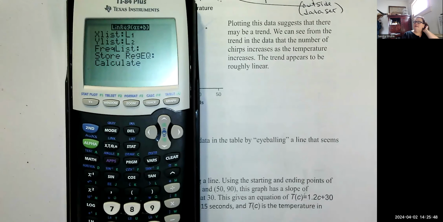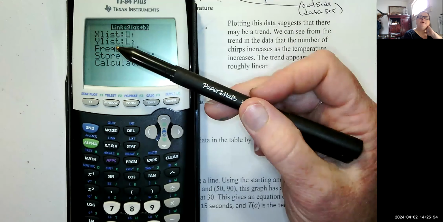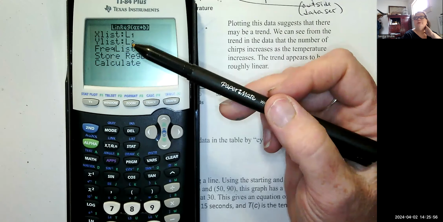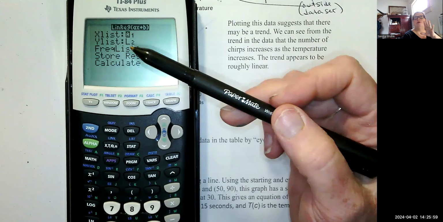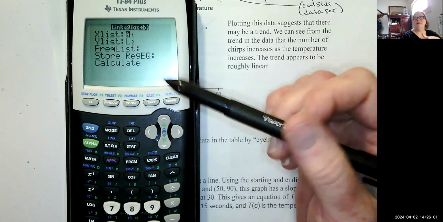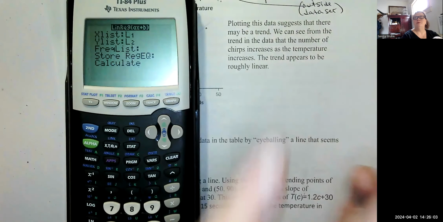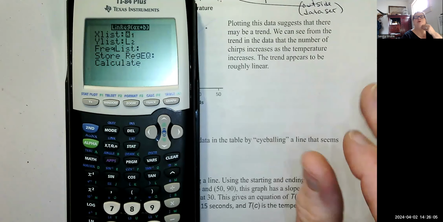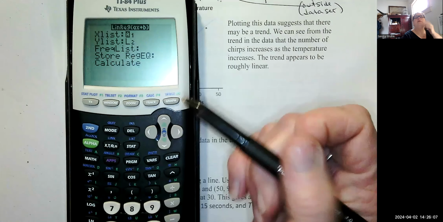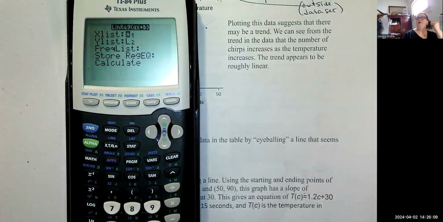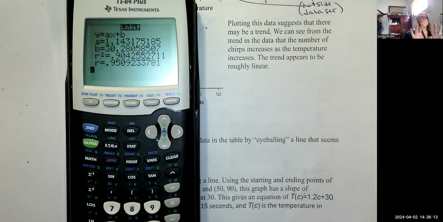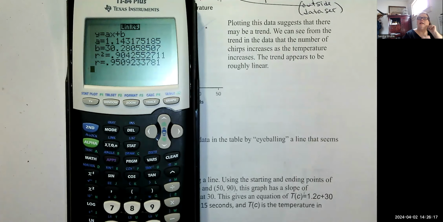When you do that, it's going to show you what your X variable is representing, list 1, and your Y variable is being represented by list 2, just to make sure that that is entered correctly, which is why I wanted to verify that you're putting it in this way, even though it makes me angry that temperature is not the X variable. That's all we need to do. Hit enter, enter, enter, 1, 2, 3, 4, 5, until it hits calculate, and then it's going to populate this for you.